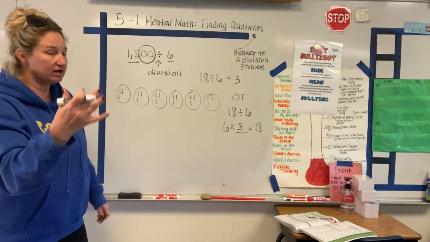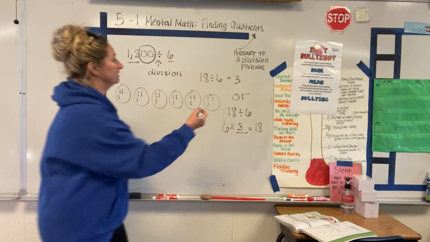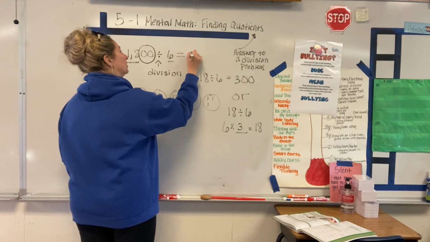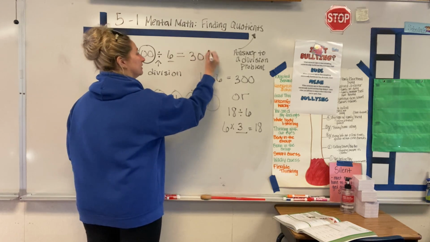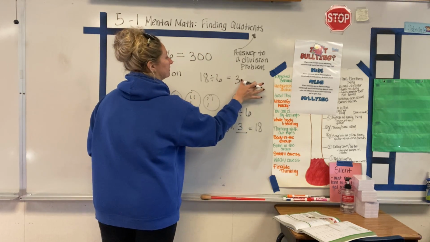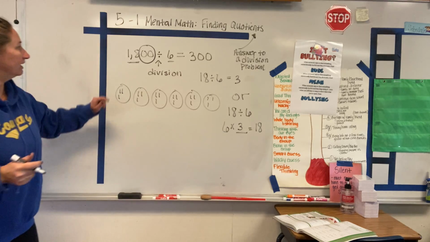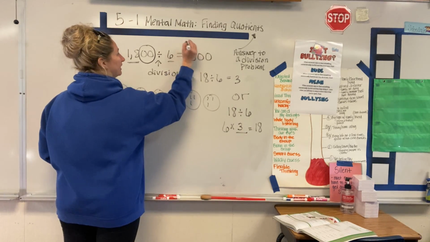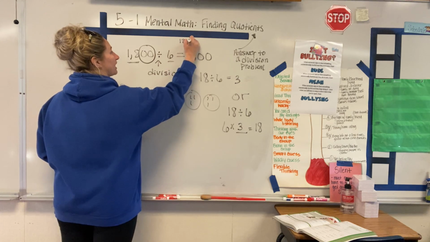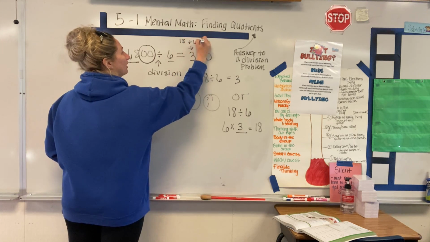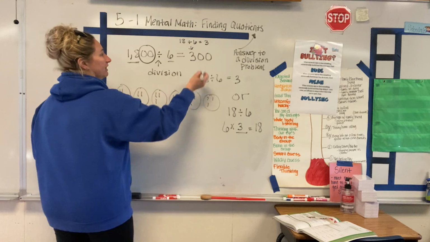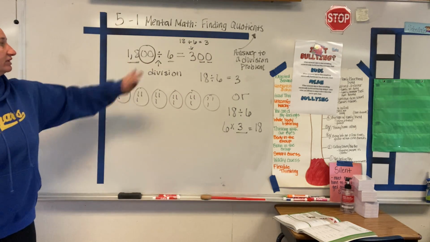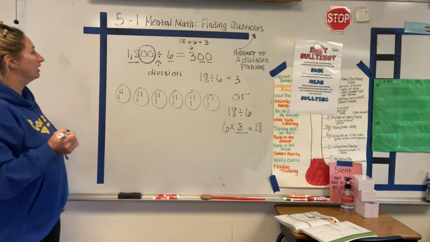And then just add on those 2 zeros. So equals 300. I'll take it off of here because that's not quite right. So we would do 18 divided by 6 and get this 3, and then add on the 2 zeros for the zeros in the bigger number.